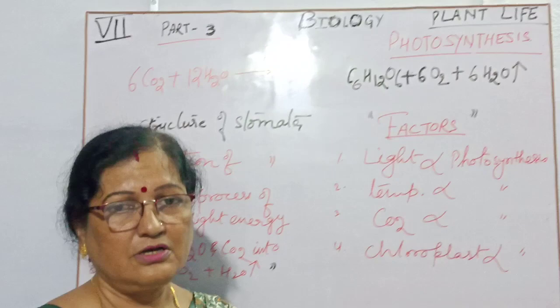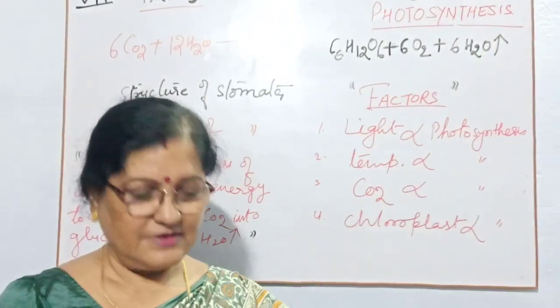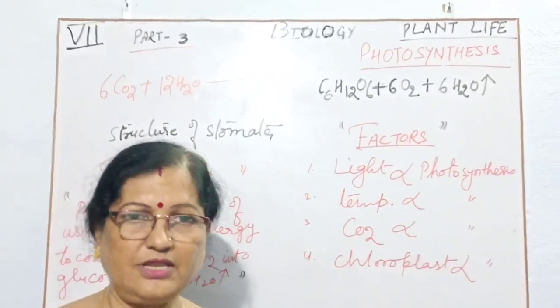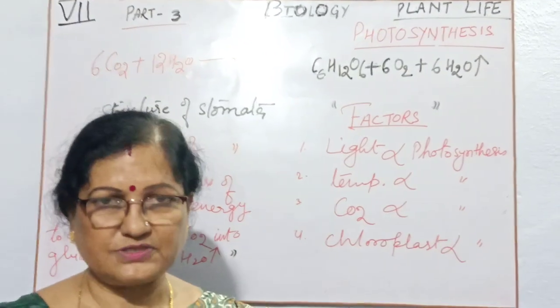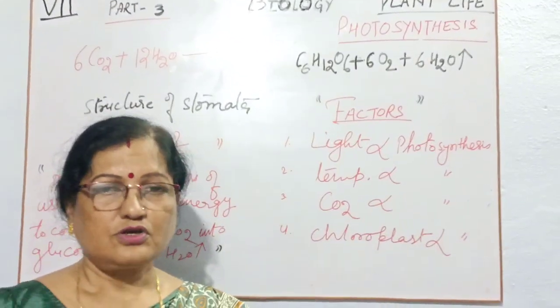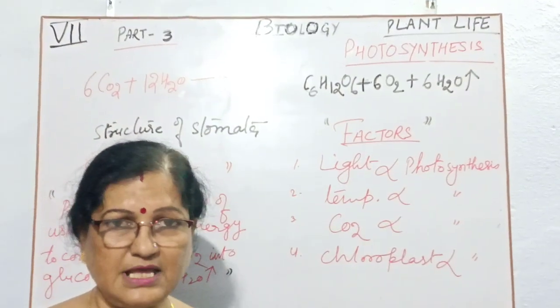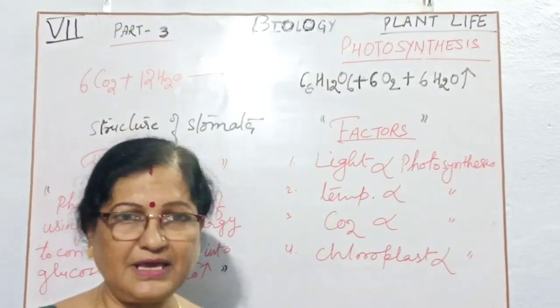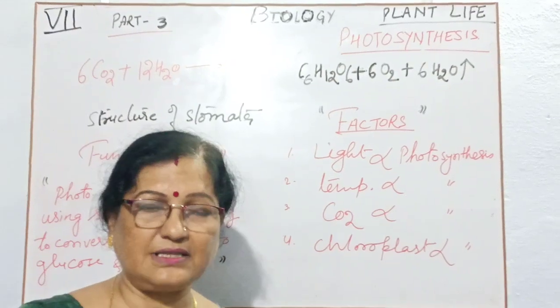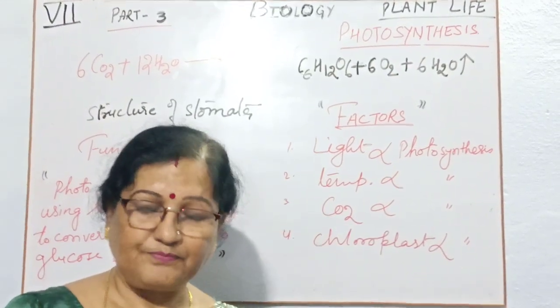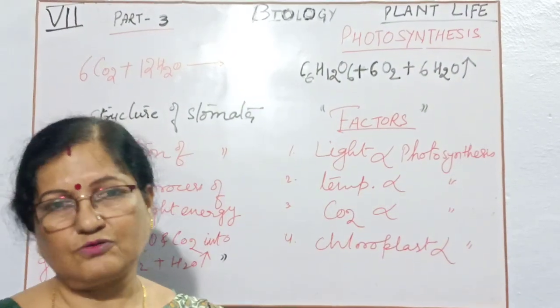First I will explain about the chloroplast. Children, everyone has a pencil or pen in your pencil box. Understood? So, chloroplast is like a box, and chlorophyll is the green pigment present in the chloroplast.